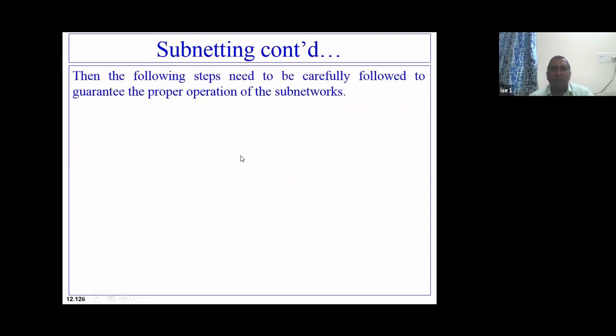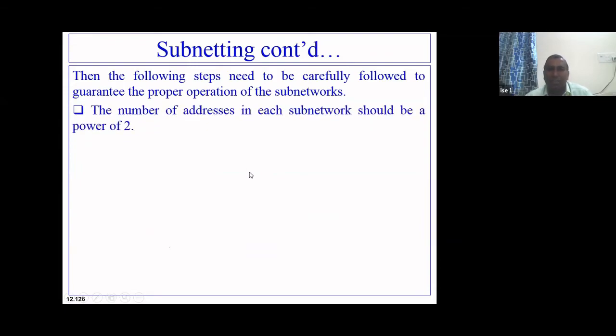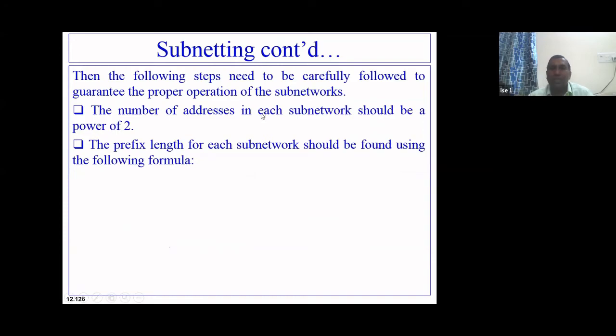The following steps are to be followed carefully to guarantee the proper operation of subnetworks. The number of addresses in each subnetwork should be a power of 2. Now this is important, you should remember: the prefix length of each subnetwork should be found using this particular formula.